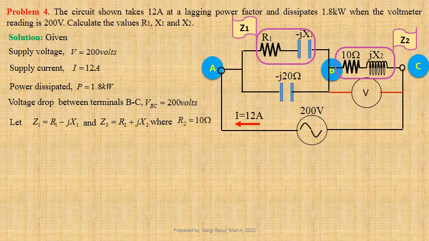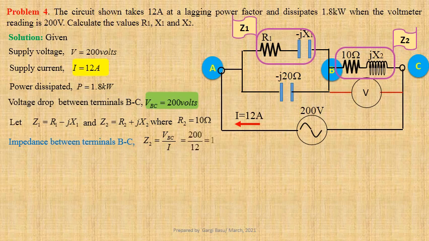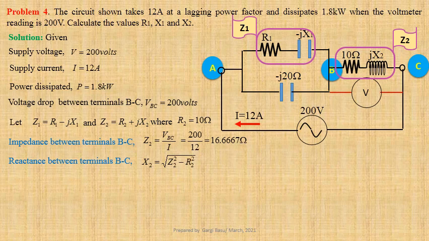Now we shall determine impedance between terminals B and C. Z2 equals VBC divided by I, that is 200 divided by 12, that gives us 16.6667 ohm. Expression for reactance between terminals B and C: X2 equals root over Z2 square minus R2 square.